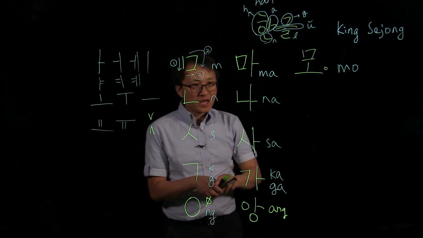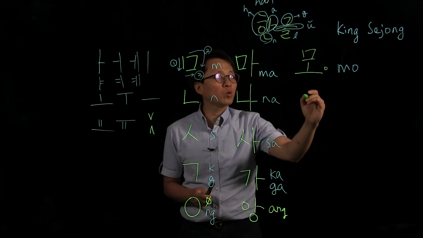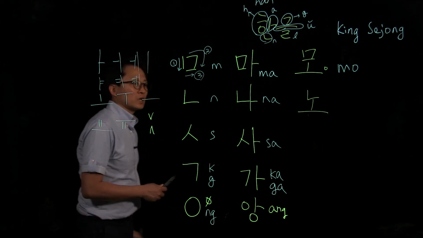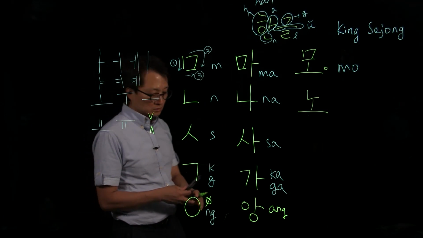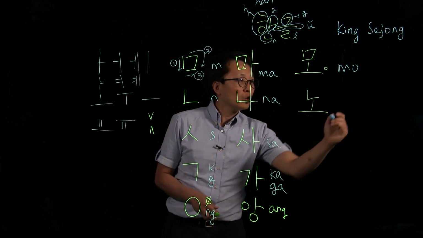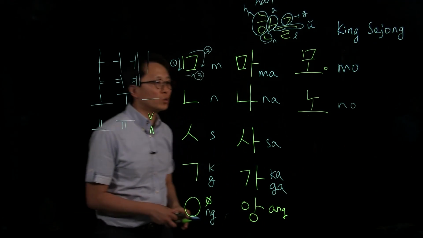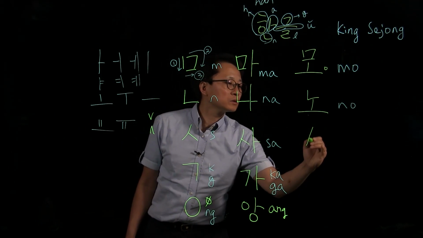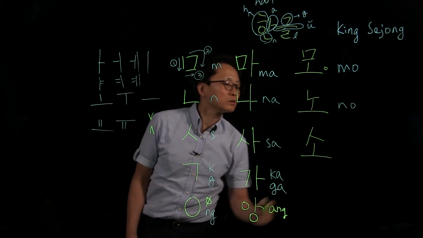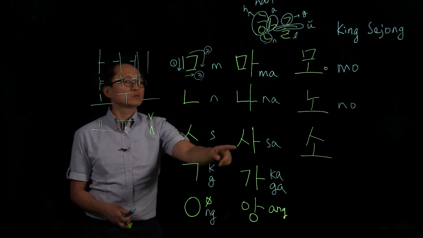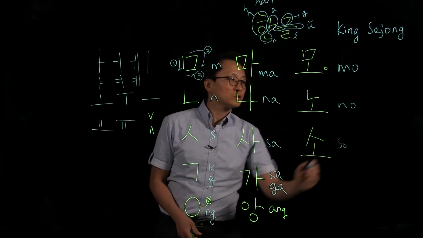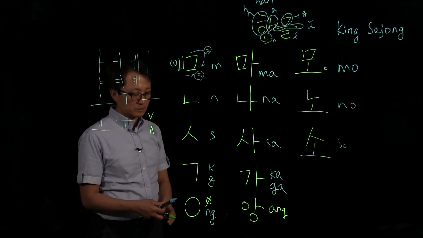So let me add O to this consonant. So how do you read this? This is read no, no, right? And what about this? This was sa, and this is so, right?